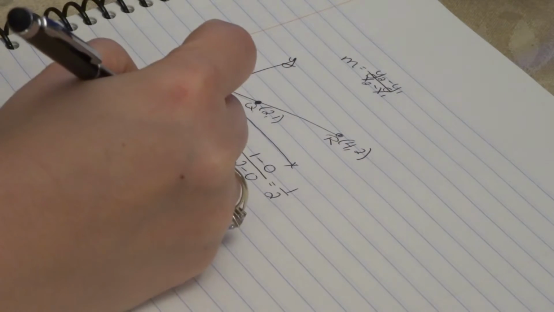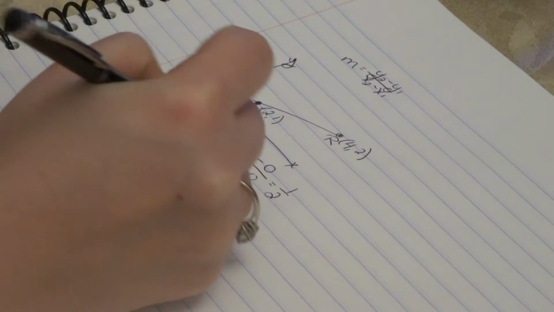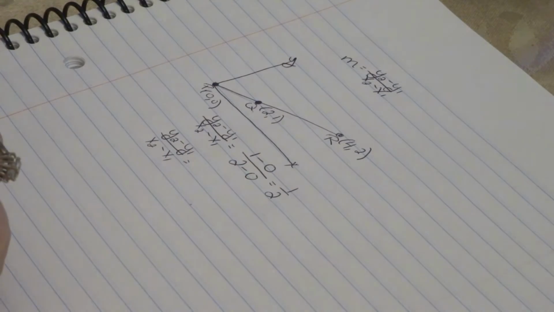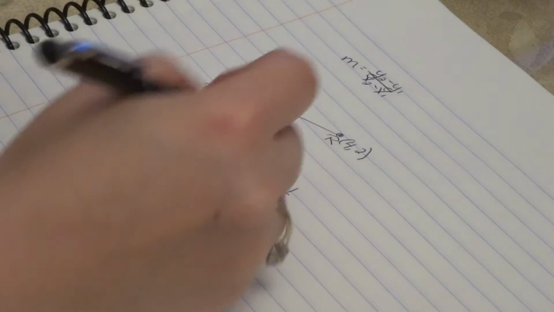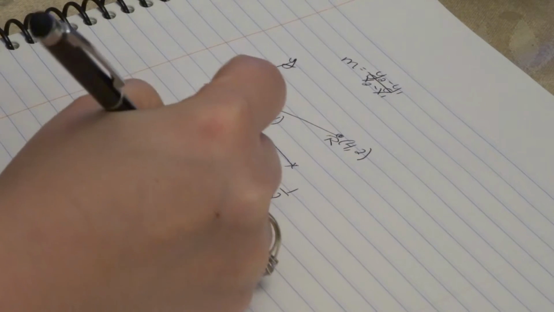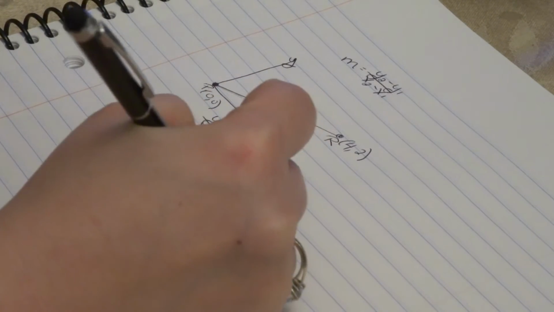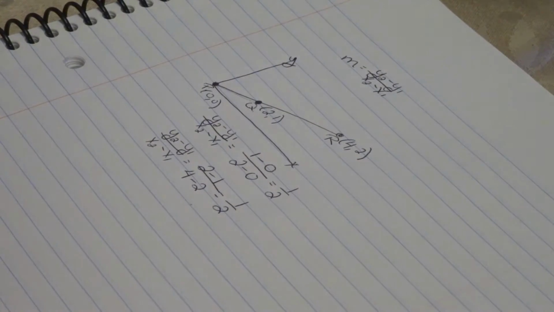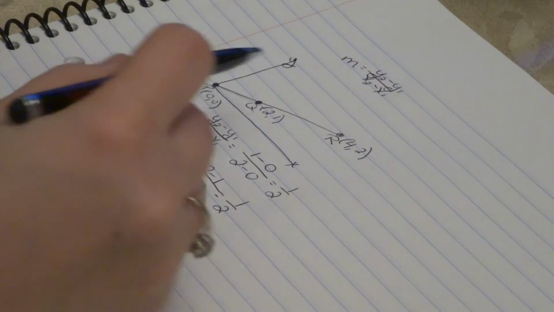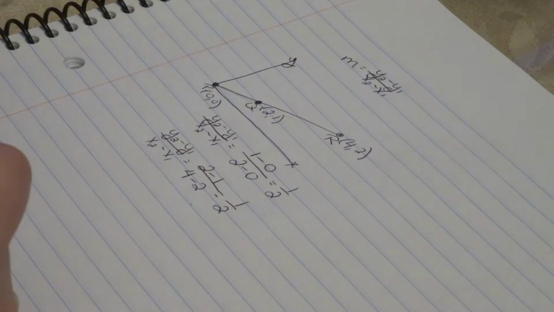And then if we do the same thing for QR, I'm going to do 2 minus 1 over 4 minus 2, which will be 1 over 2, which will still be 1/2. So I will get the same exact slope on the segment connecting PQ and on the segment connecting QR.